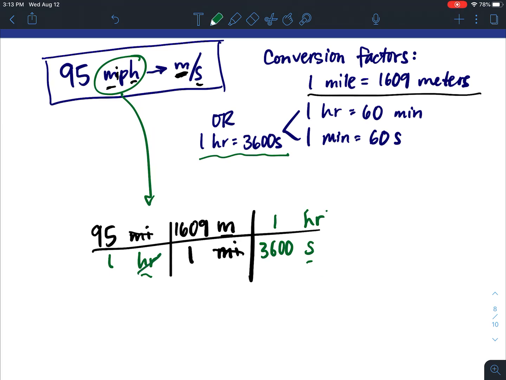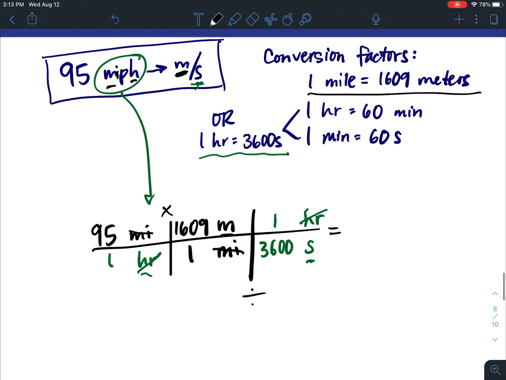Hours and hours are across from each other, so they will cancel. I'm left with seconds on the bottom, which is where I wanted it. So I know I have set this up correctly. So now I'm going to do 95 times 1,609 times 1 divided by 3,600, and I get 42.5 meters per second. And that is my answer.